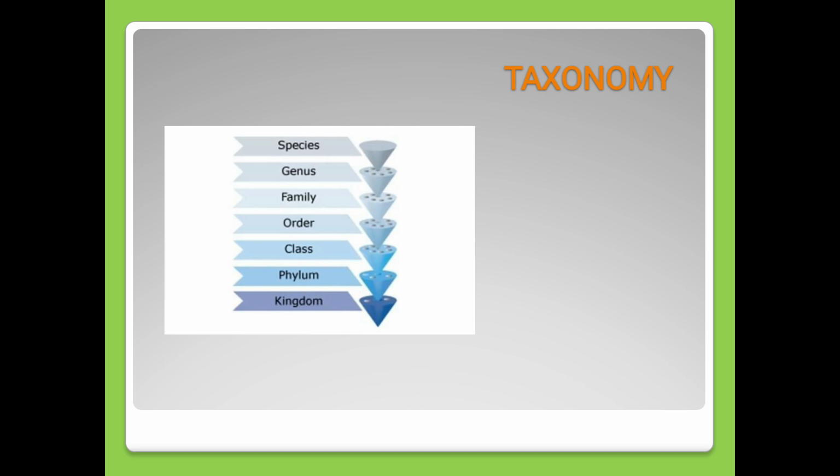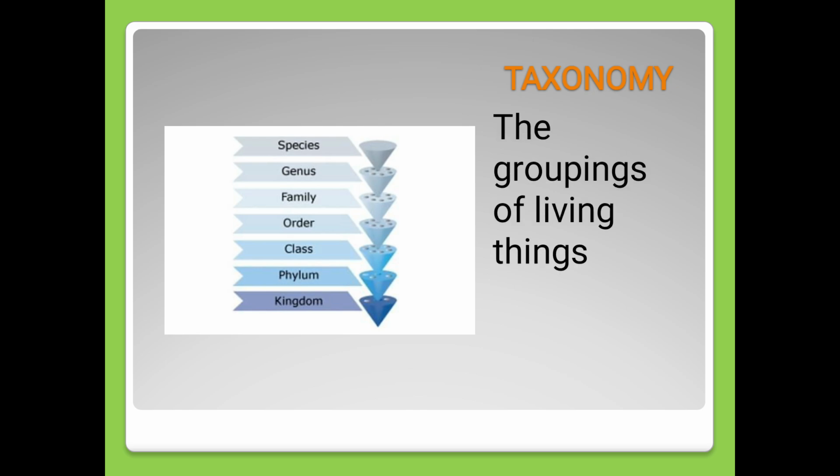Taxonomy is the study of the organization of living things, and this organization or categorization of living things is done for better understanding and comprehension, for the sake of convenience. So living organisms are divided into groups.